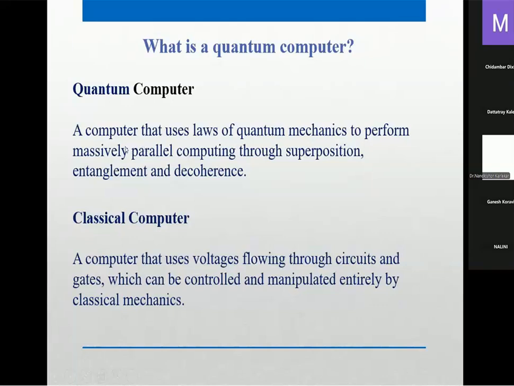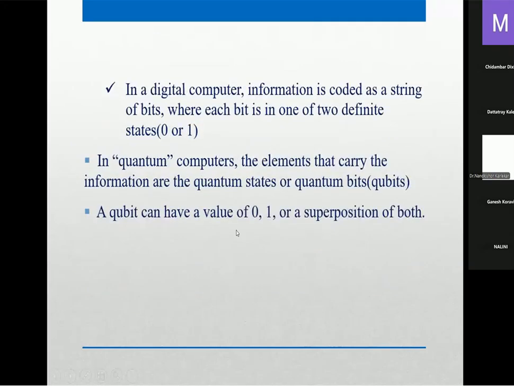Another definition we can say: a computer that uses the laws of quantum mechanics to perform massively parallel computing through superposition, entanglement, and decoherence, whereas classical computers use voltage flowing through circuits and gates which can be controlled and manipulated entirely by the classical machines. In a digital computer, information is coded as a string of bits where each bit is in one of two states.